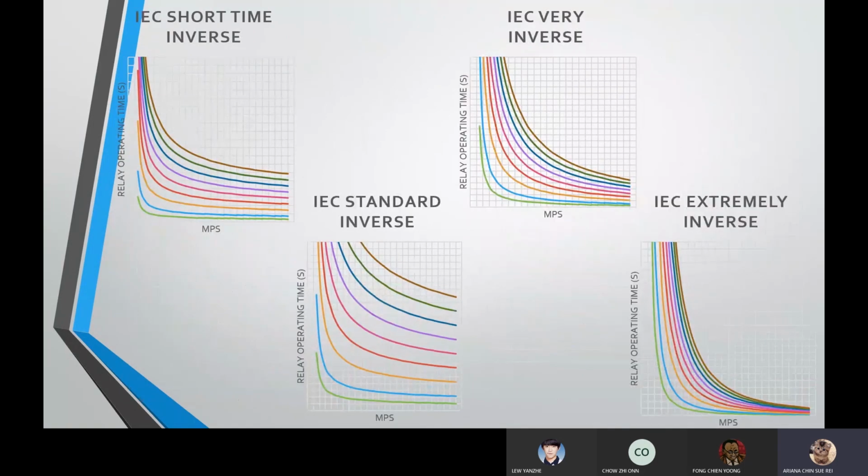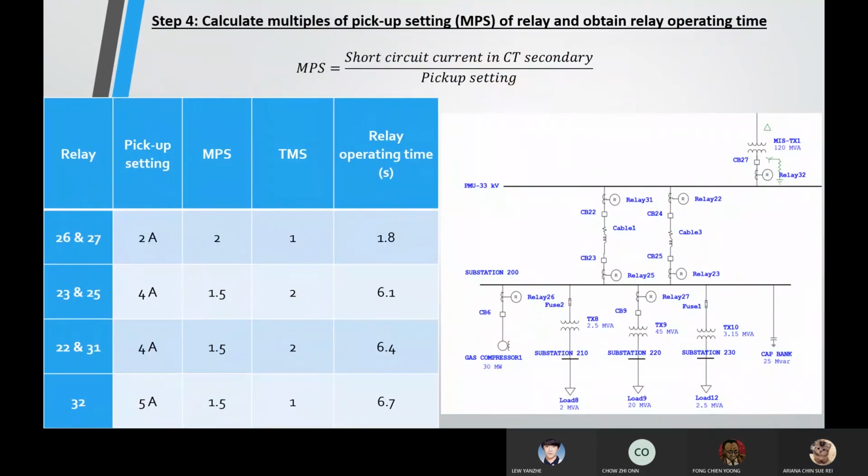Placing the graphs together, you notice that different standards have different characteristics in terms of the steepness of the graph. The last step is calculating the MPS, which is the ratio between short circuit current in CT secondary and the pickup setting. From the MPS, we can determine the TMS and relay operating time from the IEC curve.